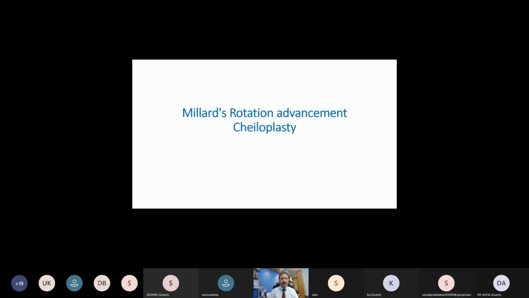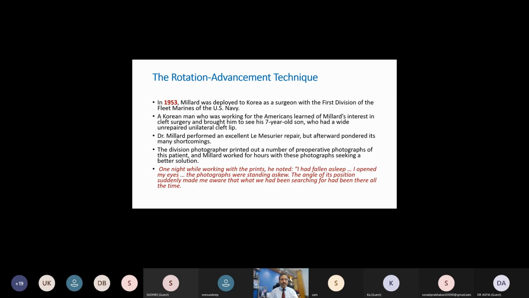So coming to the Millard's rotation advancement cheiloplasty. In 1953, Millard was deployed to Korea as a surgeon with the 1st Division of the Fleet Marines in the US Navy. One night while working with the prints, he noted, "I had fallen asleep, I opened my eyes. The photographs were standing askew.